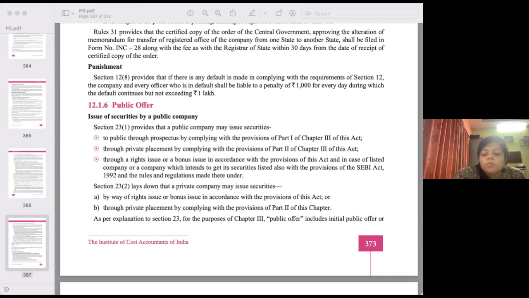So once you have got a green signal from SEBI, and once there is no case undertaken against you or your disclosures, they will ask you to register it with the ROC. And upon registering it with the ROC, you can actually go and open up your issue.